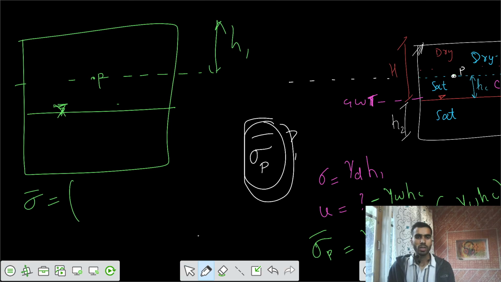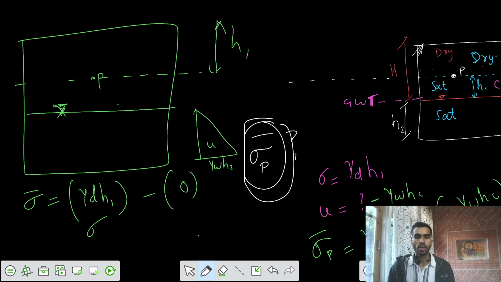I would say that is gamma d H1 because of total stress, and the pore water pressure would have been zero, because the variation for the pore water pressure would have been in this way, gamma W H2. So at that time, your effective stress equals total stress, that is gamma d H1.